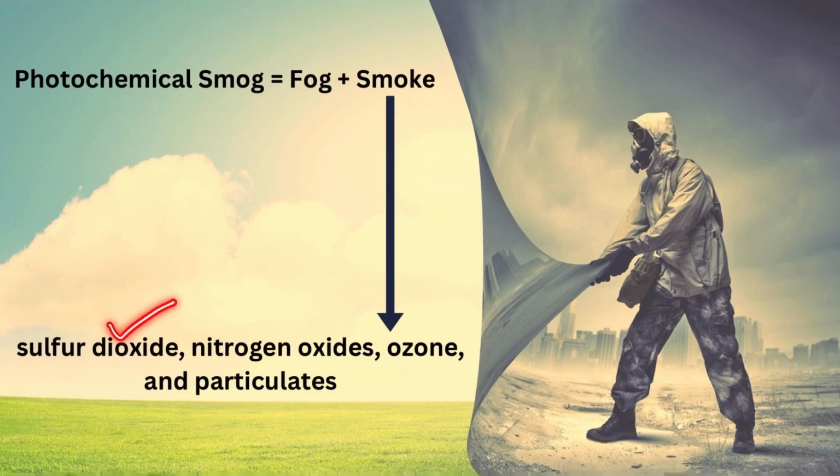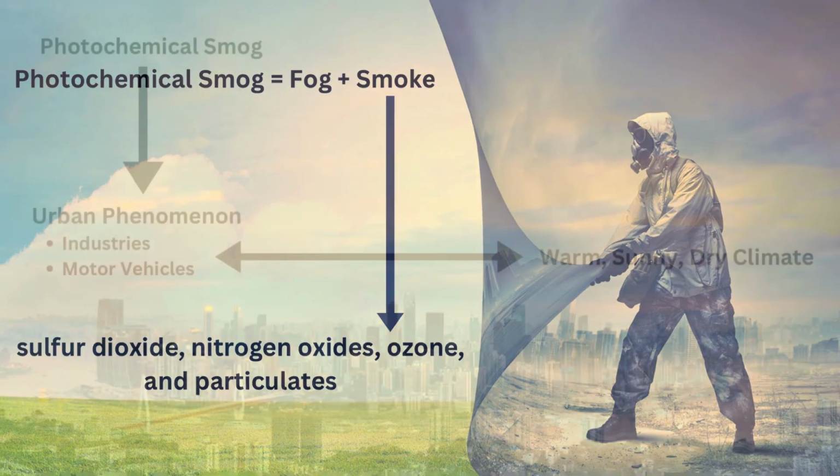These include sulfur dioxide, nitrogen oxide, ozone and particulate matter. Remember that this ozone is not the stratospheric ozone, but ozone created in the lower atmosphere. This ozone is also called ground-level ozone or tropospheric ozone.